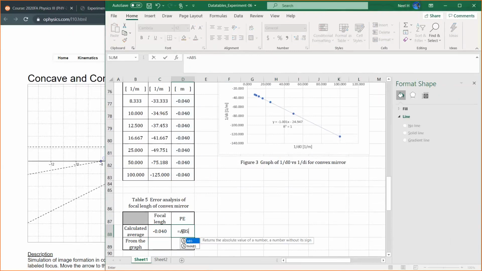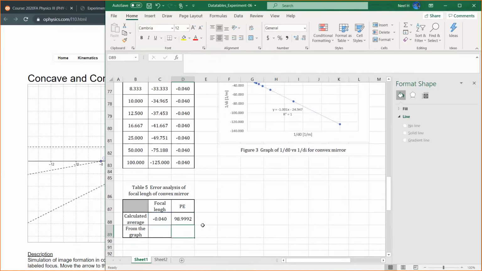Percentage error equal ABS parentheses expected -4 minus calculated average C88, close brackets, divided by expected ABS parentheses -4. Give it in positive, okay? Otherwise, our percentage error can become negative. That doesn't make any sense, okay? Let me take a look. This should actually be 0.04. This also should be 0.04.